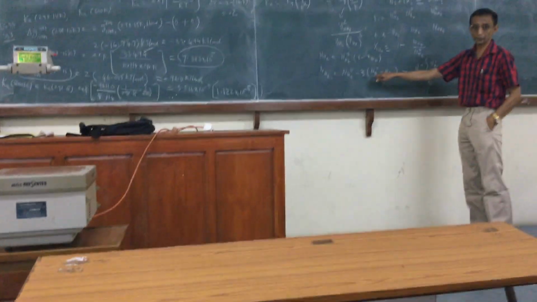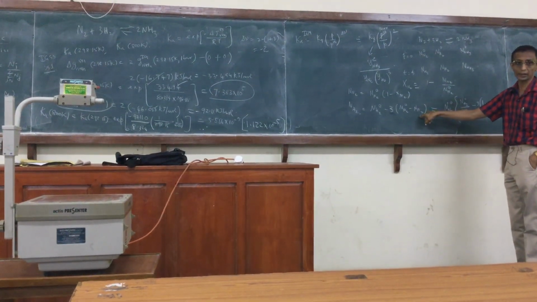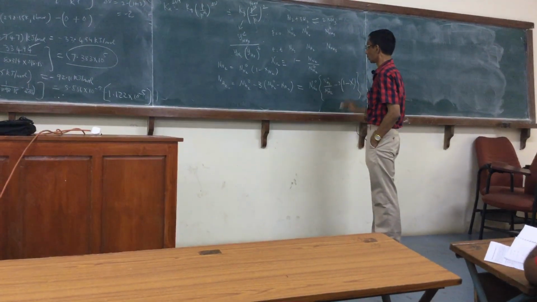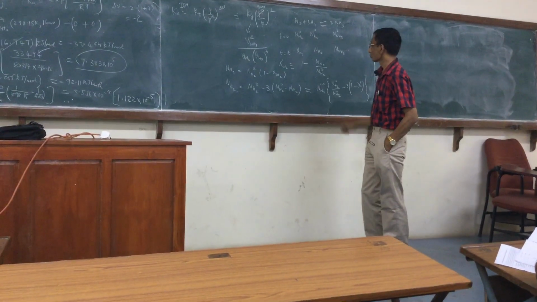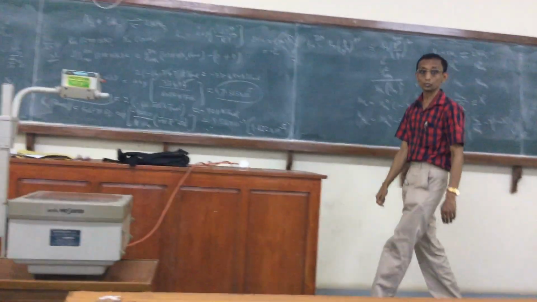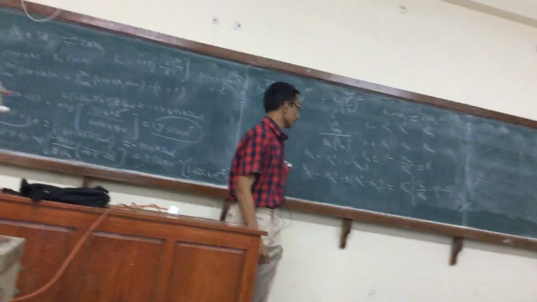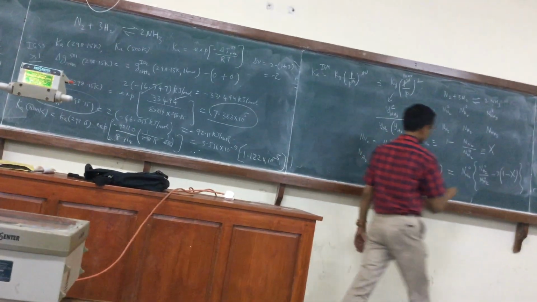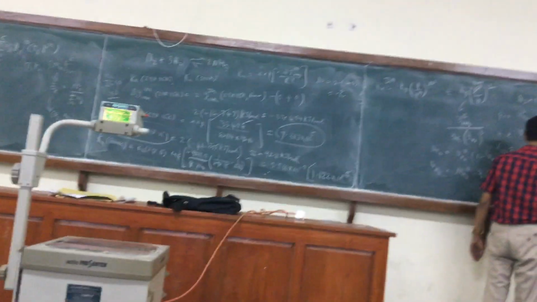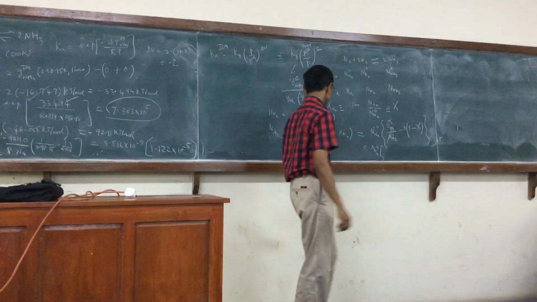So NN2 naught is taken out, so that would be 1 minus NN2 by NN2 naught. So that would be X. So this I will simply call X, this is XN2. Right? So that is what we have. This I will denote as alpha, so this will be NN2 naught times 3 times X only.